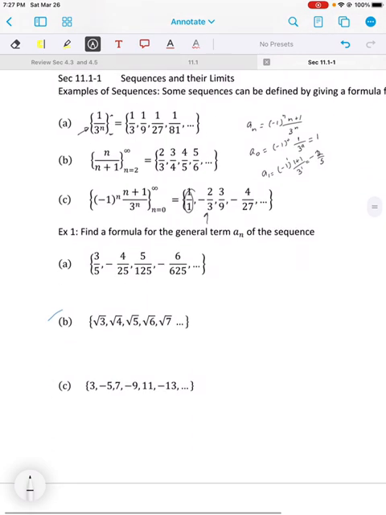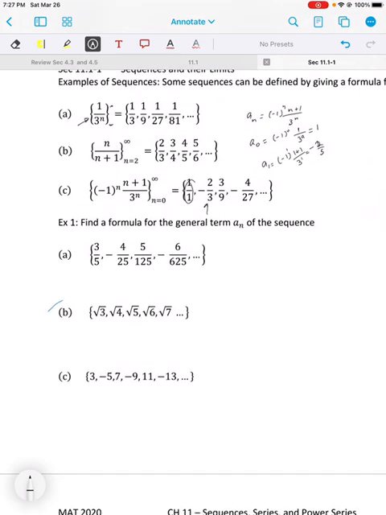So in this example, we saw that the nth term was given, and we were able to expand and write the terms of the sequence. Now sometimes you will be given a sequence or a list, and you will have to find the nth term on your own.